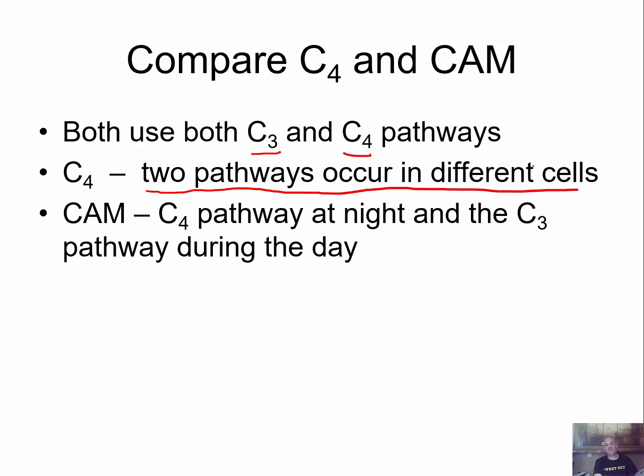The C4 is going to occur in the normal mesophyll cells and then move the 4-carbon compound into the bundle sheath cells and then go through C3 metabolism. For CAM, we're going to separate the time of day. We're going to do the C4 pathway at night, storing the molecule as organic acids, and then release the carbon dioxide during the day so that we can go through the C3 pathway. So that's it.